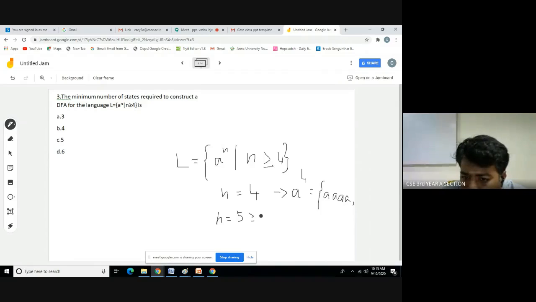The condition is true. So what is the value for a power 5? Five a's will be generated.